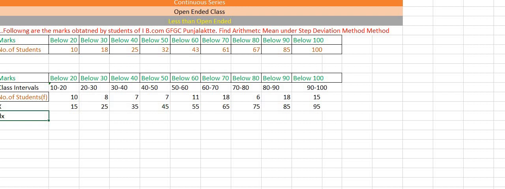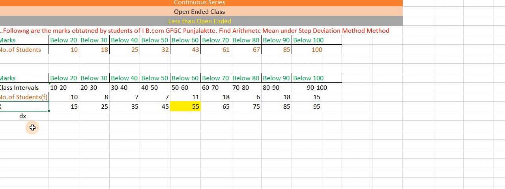So in this particular case, the x value is 15 and the assumed mean value we have to decide. We can take any x as our assumed mean. So here I'll consider 55 as my assumed mean.